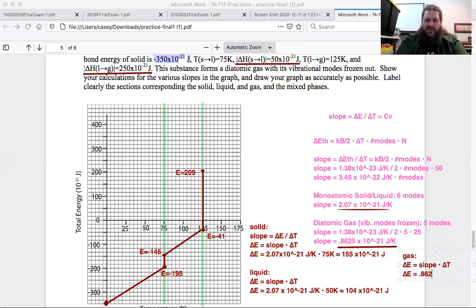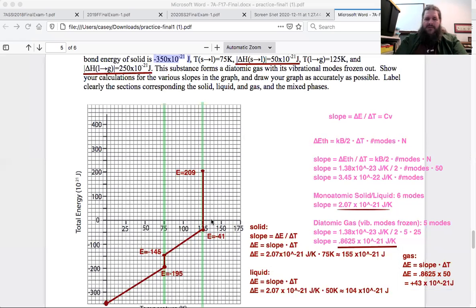There isn't really a next temperature to use as a stopping point, but we can choose any point we want. Let's say we jump from 125 to 175, because we need to mark one more point in order to draw a straight line. So let's say we raise the temperature by 50 Kelvin. 0.8625 times 50 would be 43 times 10 to the negative 21 joules.